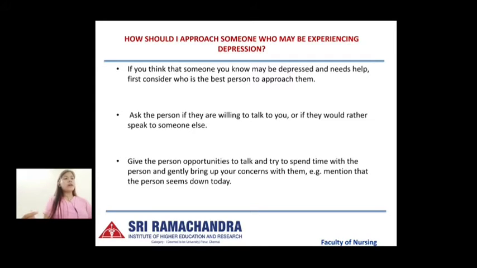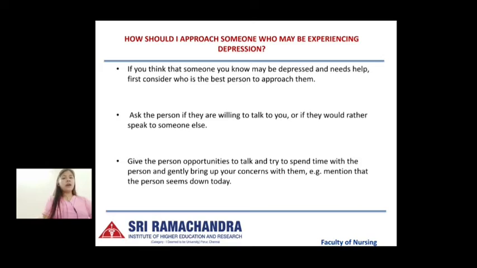So for that you need to be a good listener, and you have to make them feel that you are there to help her. You are always there to help her. Only then will she slowly start saying out her feelings.